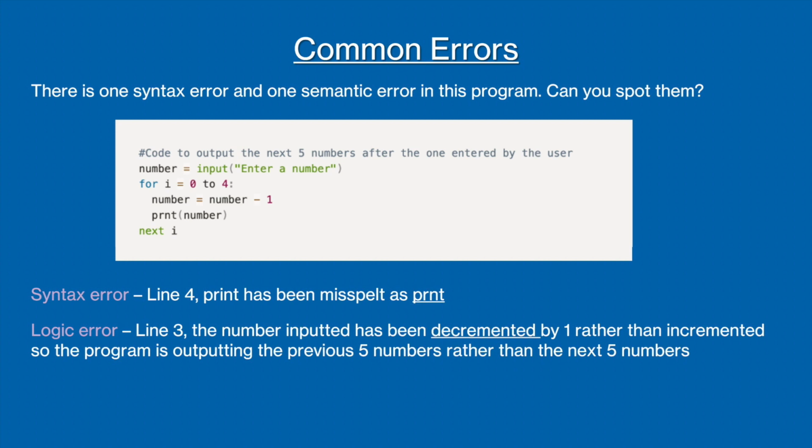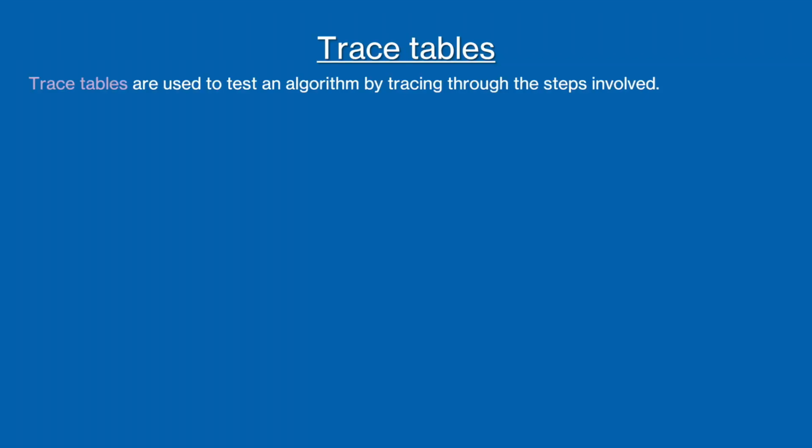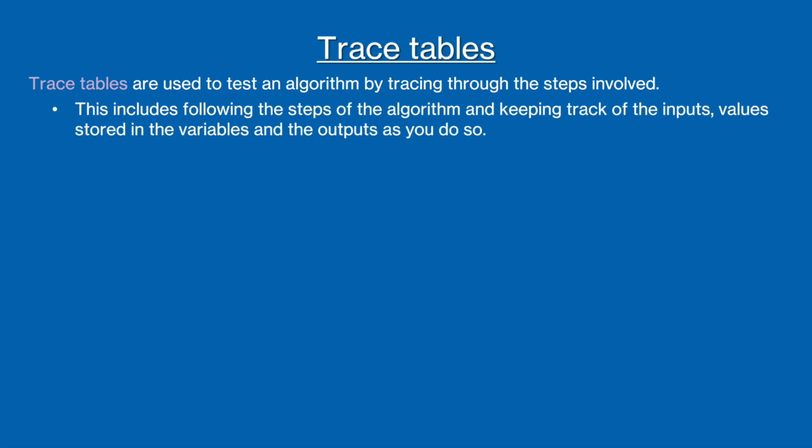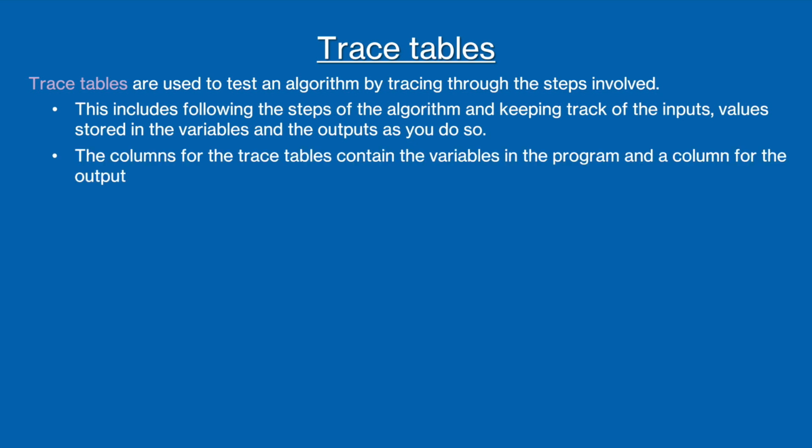But as we trace through this code, we can see that the actual output would be 9, 8, 7, 6, 5. This is called tracing through the algorithm, and we can use something called trace tables to do this. We follow the steps of an algorithm, keeping track of the inputs, variables, and outputs as we do so. In the trace table, we have columns for each of the different variables, and a column for the output.